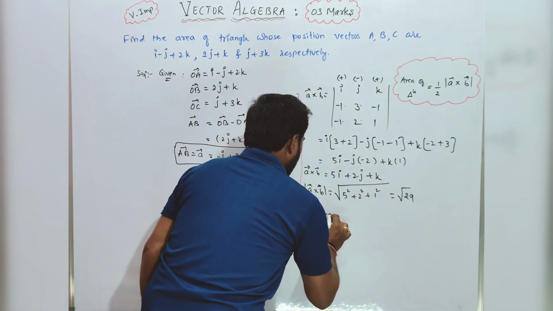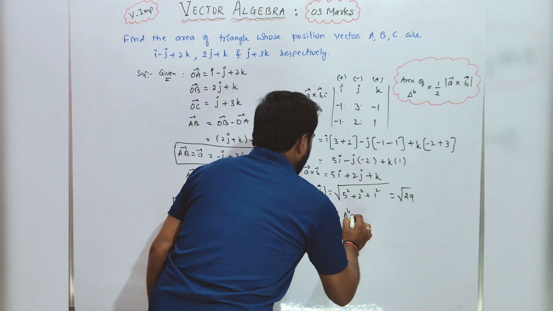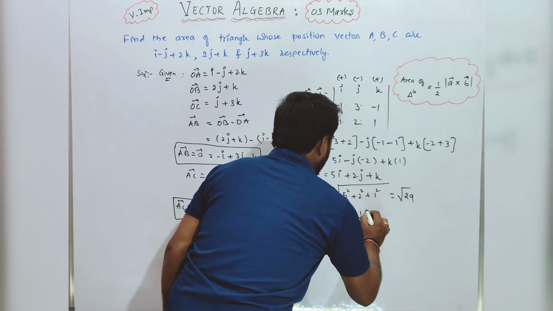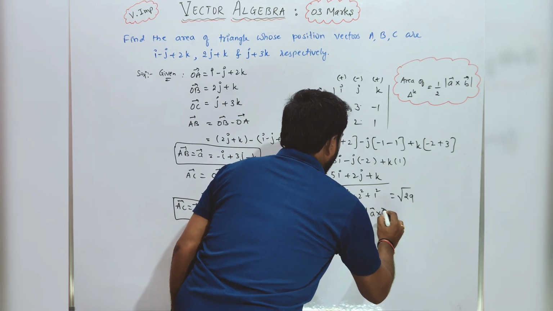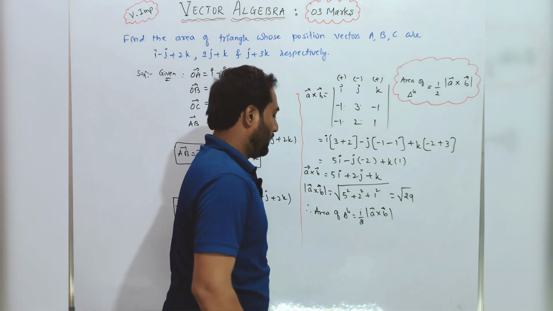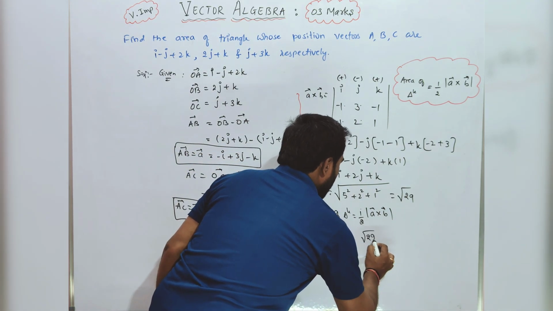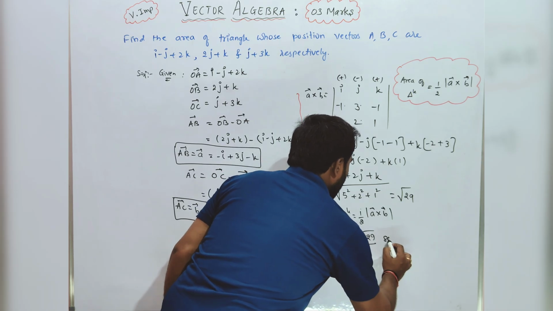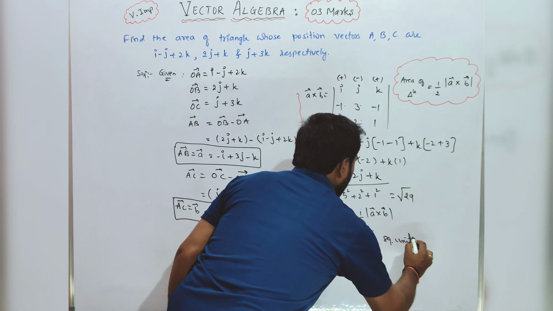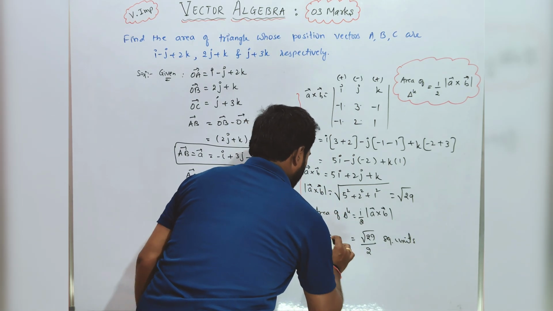Therefore, area of triangle is equals to half of A cross B. Once mention the formula compulsory. So this is A cross B is root 29 divided by 2 square units.